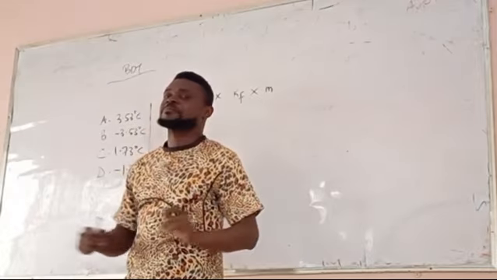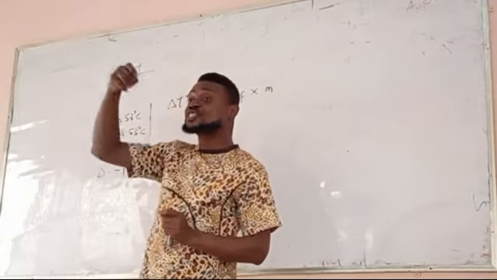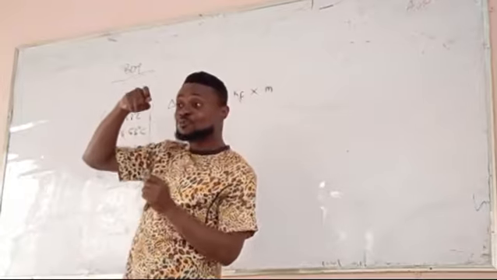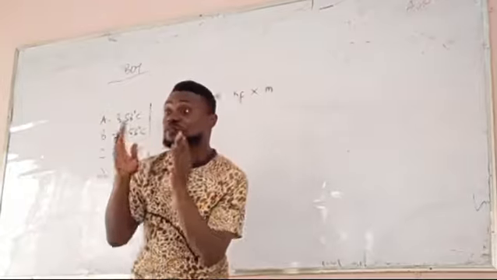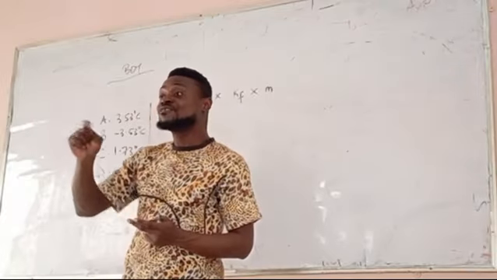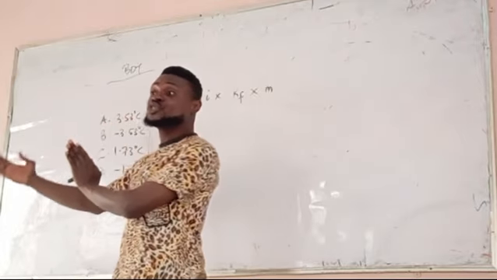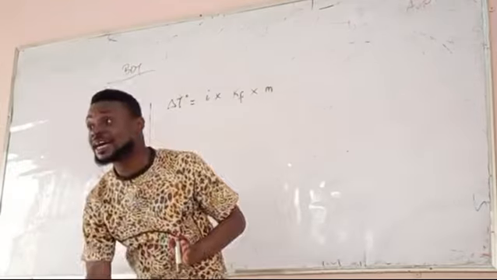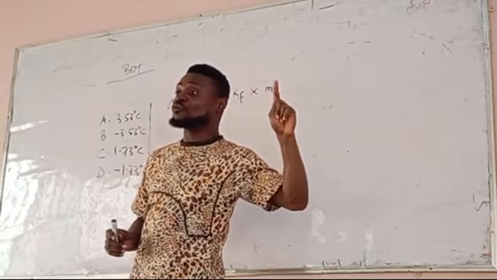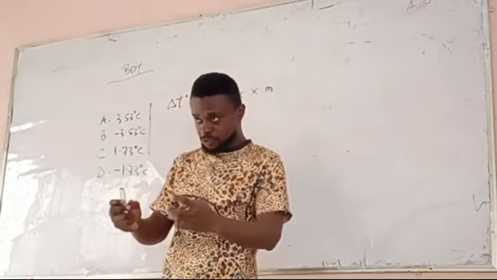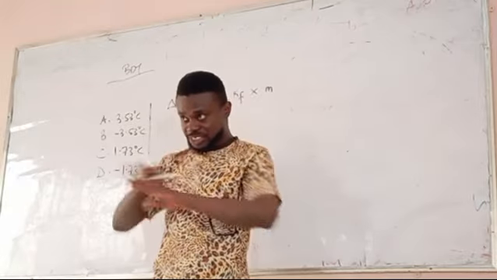That's water. But if you get sodium chloride or any solute and dissolve it in water and form a solution, the freezing point will not be the same. The freezing point of the solution that will form will be lower than the freezing point of water.